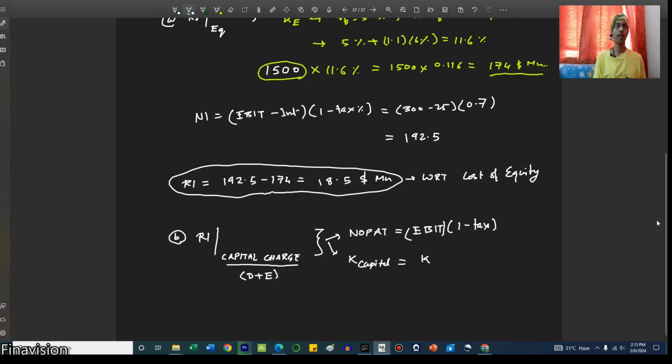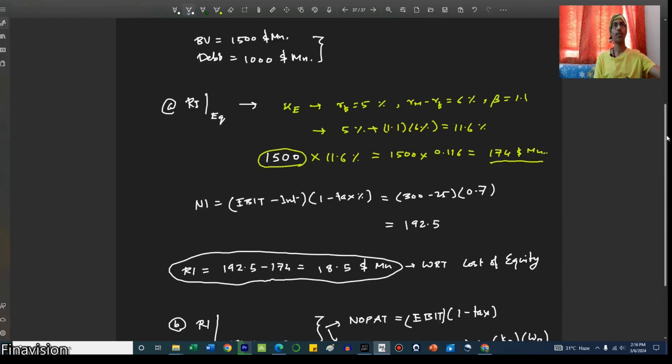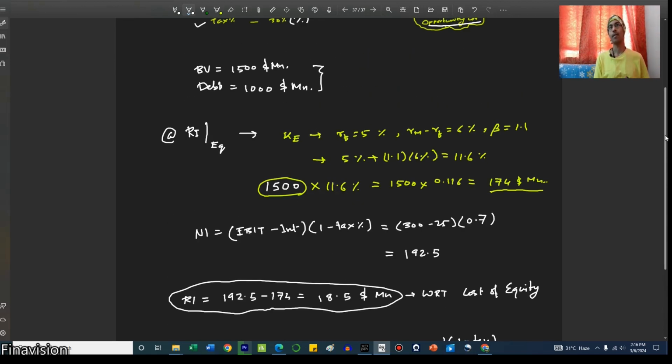This will be cost of equity into weight of the equity plus cost of debt into weight of the debt. Now this $1,000 million that we assumed for the debt is the market value. This is also the equity market value.